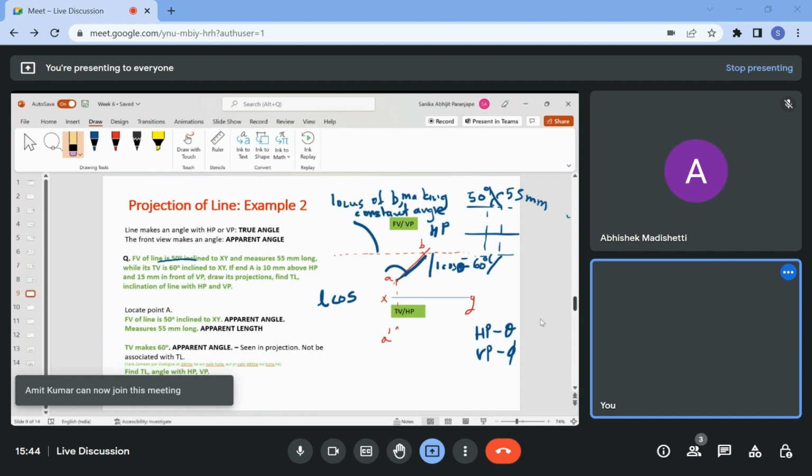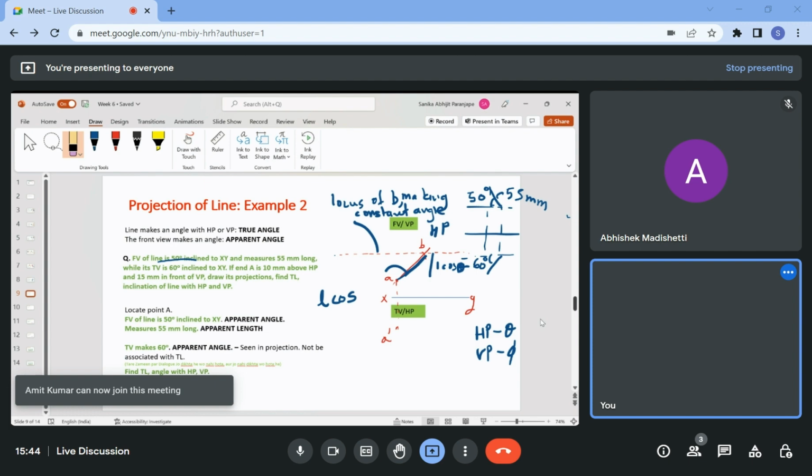So whenever you are considering these projections of lines, you have these, how many are these? Seven, and there'll be some more, like maybe the location of points or locus of one of the points, like one of the end points of the line.